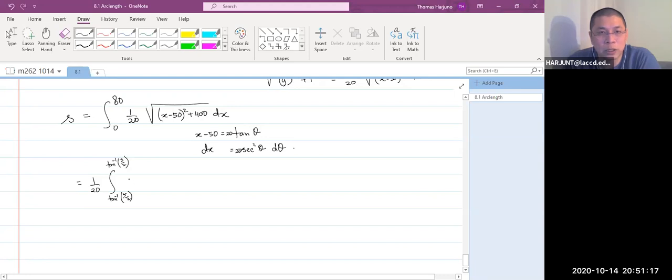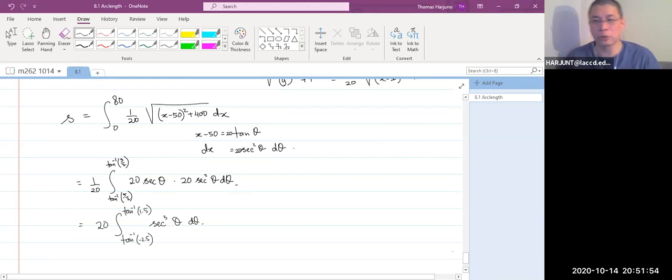This will be 20 secant, and then the dx will be 20 secant squared theta d theta. That equals 20 times the integral from tangent inverse of negative 2.5 to tangent inverse of 1.5 of secant cubed theta d theta.